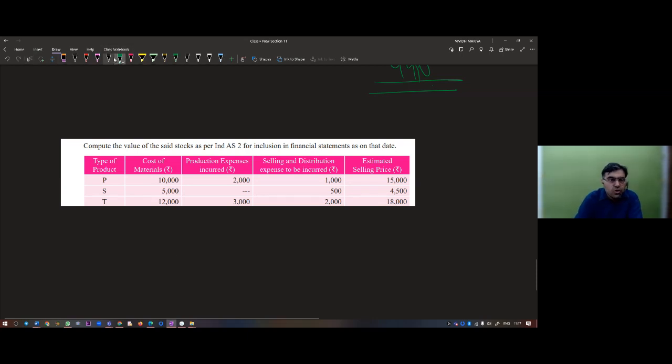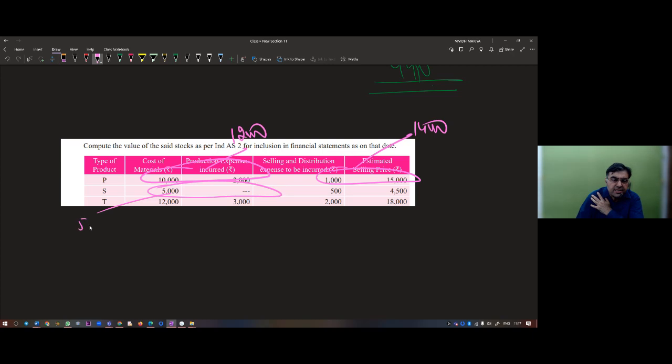This is the cost incurred. This is NRV. So cost incurred is 12,000, NRV is 14,000, net of expenses. This is 5,000, this is 4,000. This is 15,000, this is 16,000.